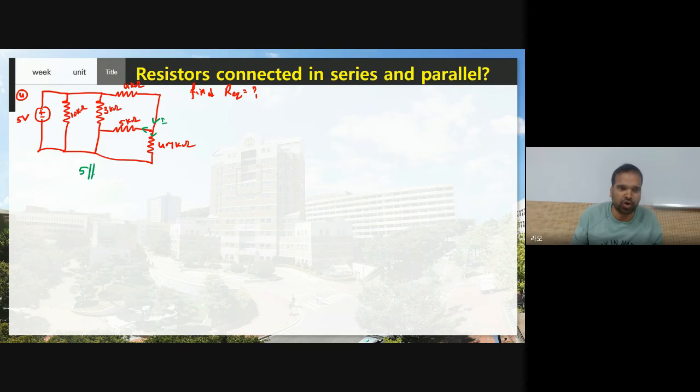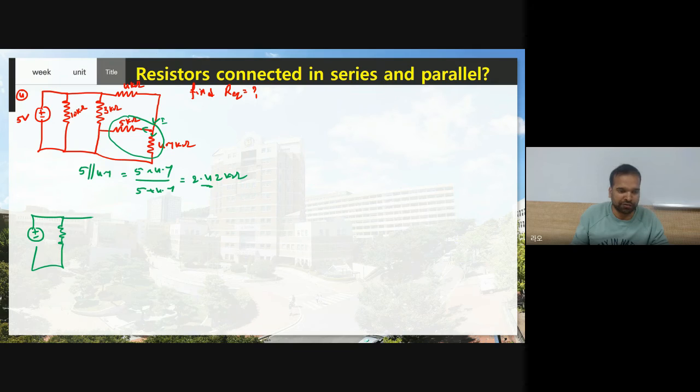Therefore 5 kilo ohm and 4.7 kilo ohm resistors are connected in parallel. Therefore 5 into 4.7 by 5 plus 4.7. If you solve this, you will get what? 2.42 kilo ohm. Now instead of these two resistors, can I replace a single resistor with the value of 2.42? Of course.